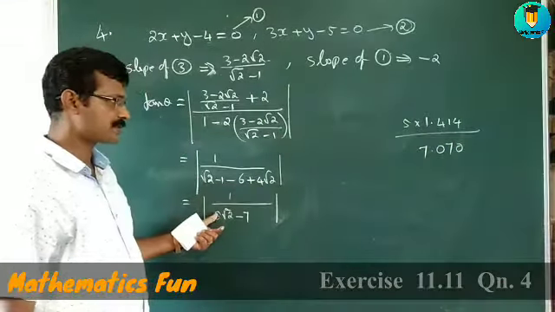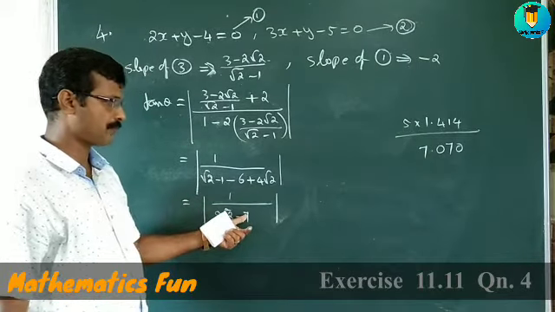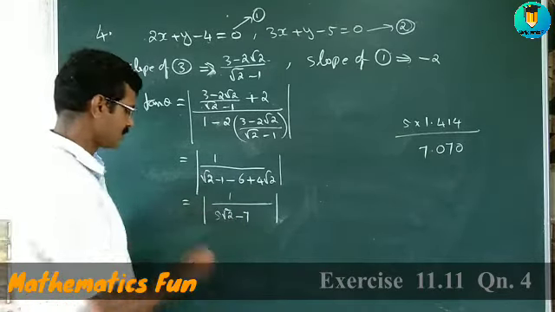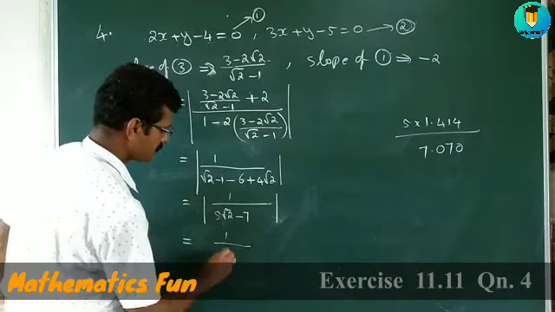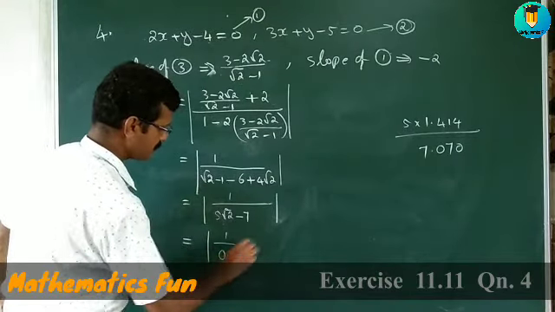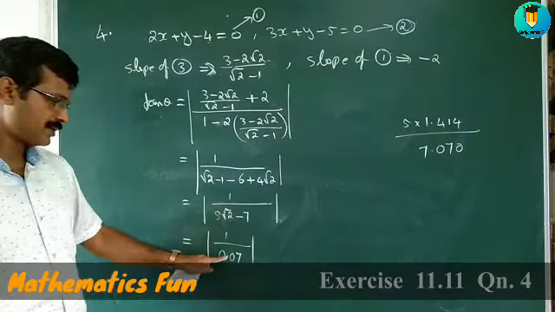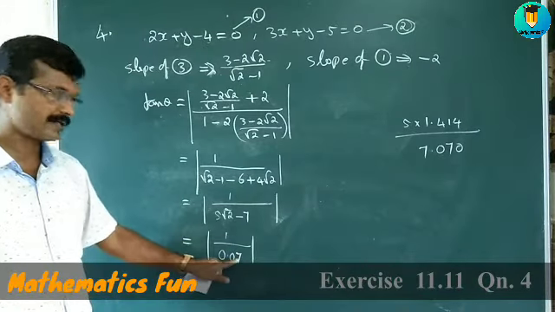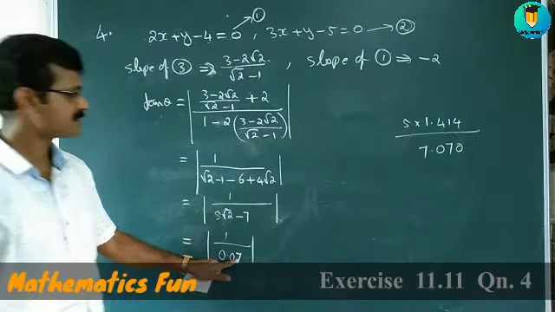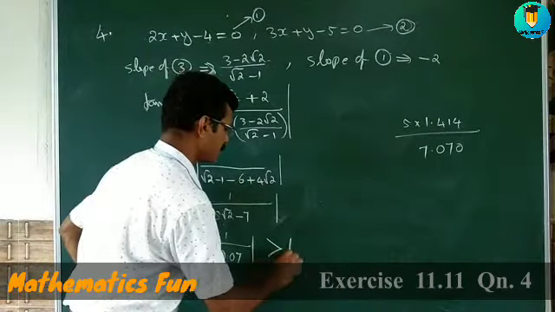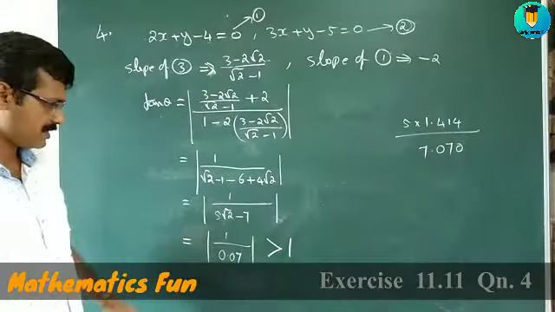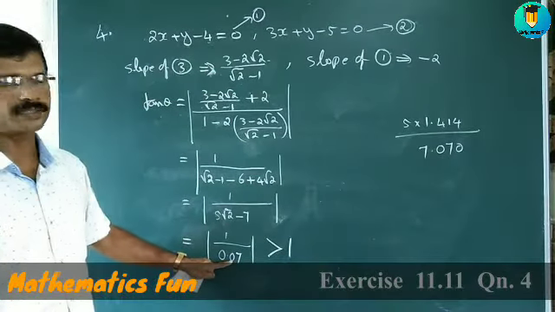So 7.07 minus 7 will be 0.07. So it is coming 1 divided by 0.07. If I remove the decimal, it will come 100 by 7. 100 by 7 is greater than 1, that means 100 by 7 is greater than 1.